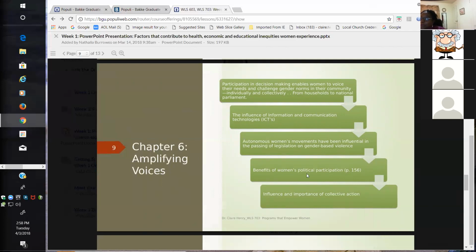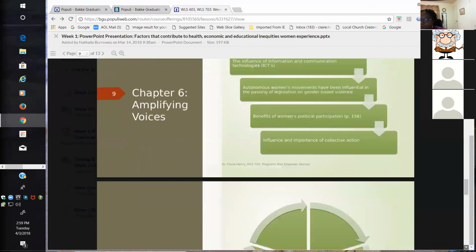Then there's the benefits of women's political participation, and of course the influence and importance of collective action. And these together have amplified women's voices and been a positive influence on the empowerment of women internationally.